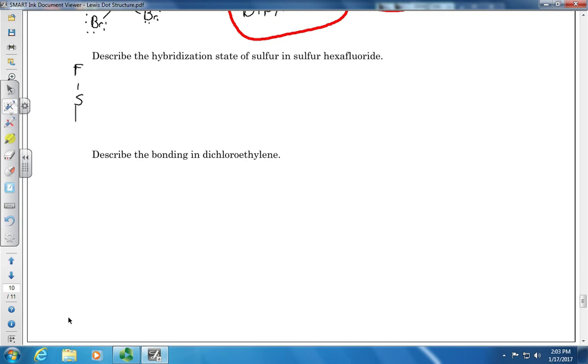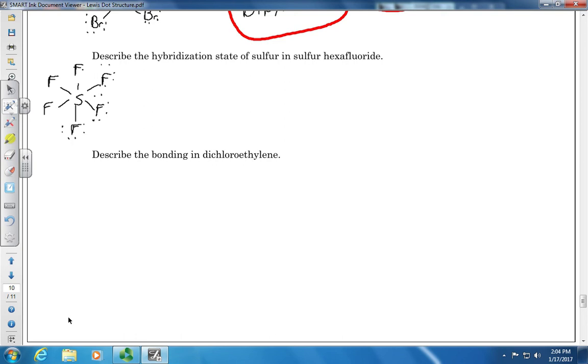So we've got 1, 2, 3, 4, 5, 6. And recall that sulfur is in period 3, so it can have the expanded octet, which is what you're seeing here.